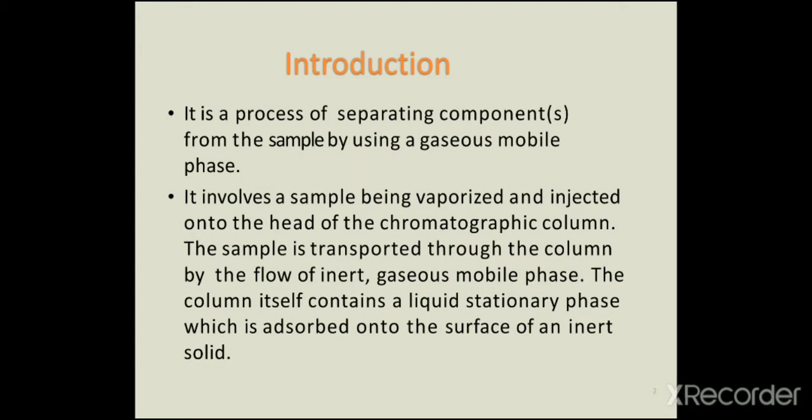First the sample is vaporized, that means the sample should be converted into vapor form, provided that the sample should not be degraded or decomposed. Only such types of samples we can analyze by using gas chromatography. Then after vaporization, these samples are injected to the column by using a gas as a mobile phase, and then these components are separated.